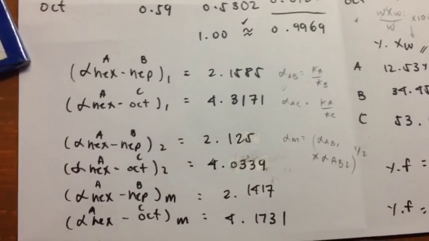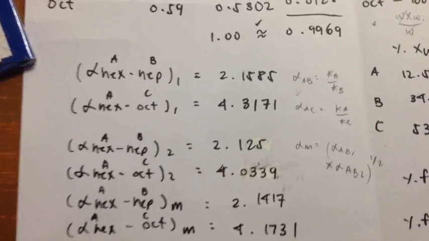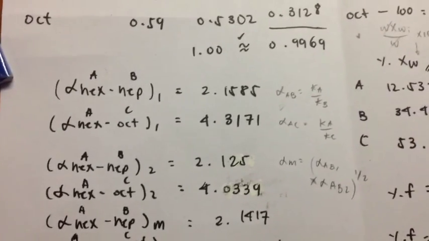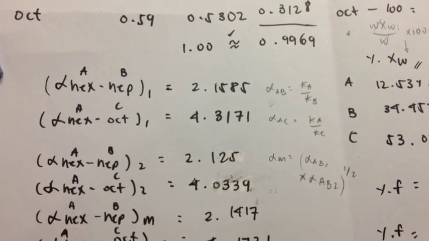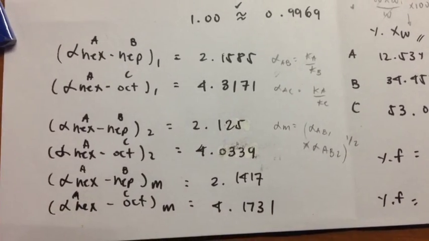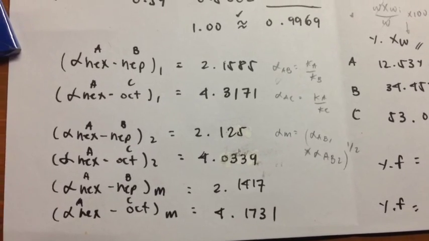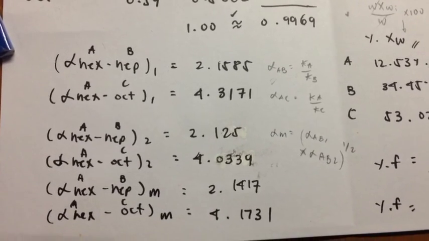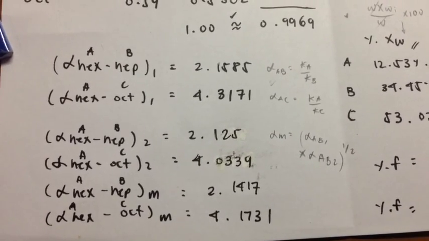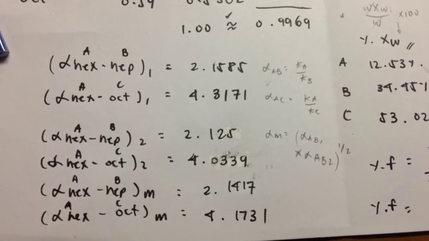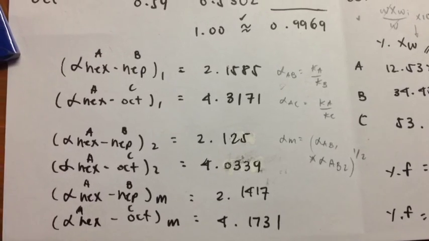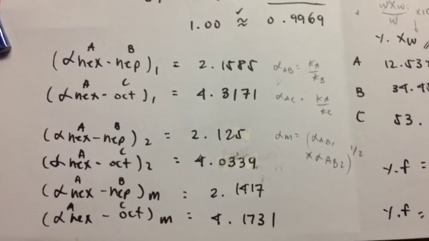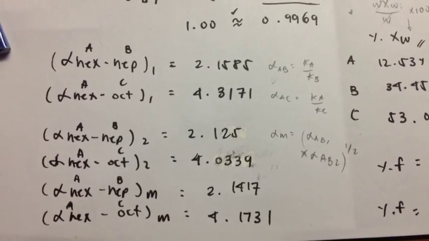Once you get alpha AB1 and alpha AB2, you get the product of those two and take the square root to get alpha AB mean. You do the same for alpha AC to obtain alpha AC mean. We get 2.1417 for alpha AB mean and 4.1731 for alpha AC mean.